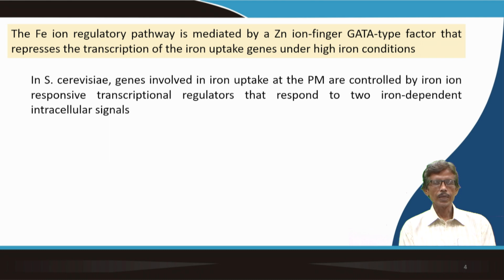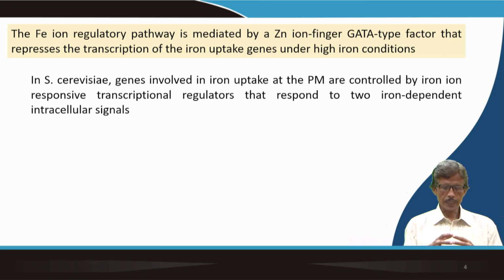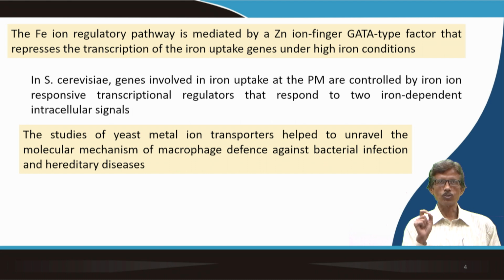are controlled by iron responsive transcriptional regulators that respond to two iron dependent intracellular signals. So, when iron is present and iron is binding at some point, that basically sends the signal. If the genes are there and these transcriptional regulators are available, they can sense or recognize those signals. Recognition of those signals is important.